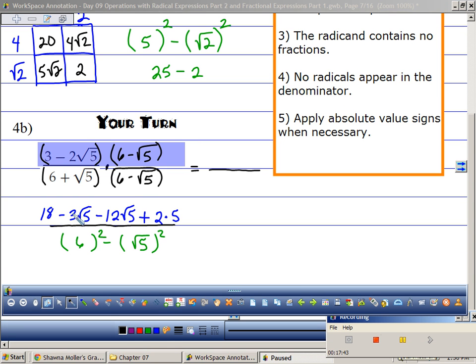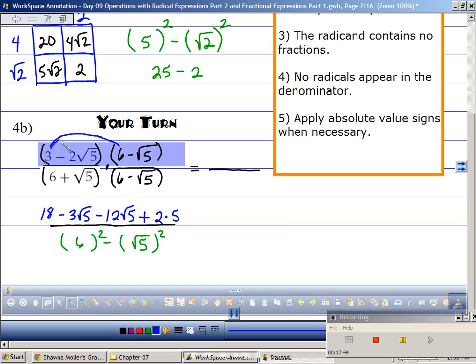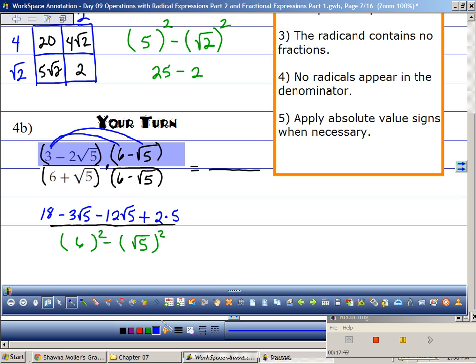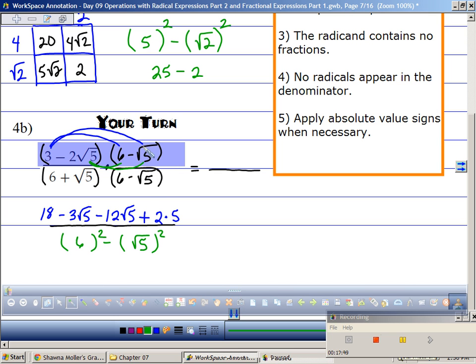Okay, so before I finish this one, I'll show you what I did. This time I FOILed it. So 3 times 6 is 18. 3 times negative 5 is negative 3 root 5. I'll be honest with you, I'm chalking it out because sometimes I make mistakes on these when I FOIL them. Then negative 2 root 5 times 6 is negative 12 root 5, correct? And positive 2 root 5 squared, which is just 2 times 5.